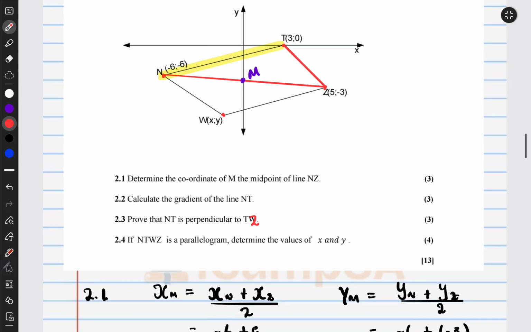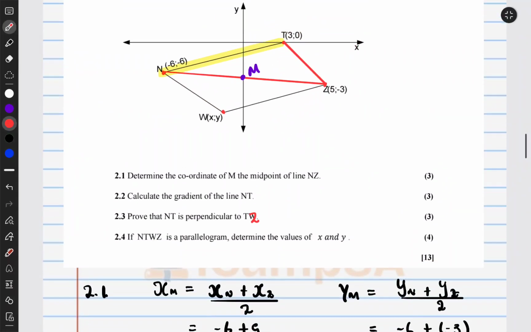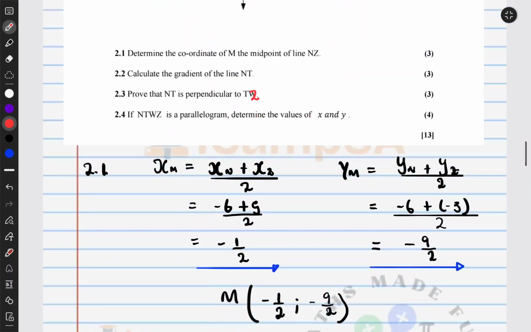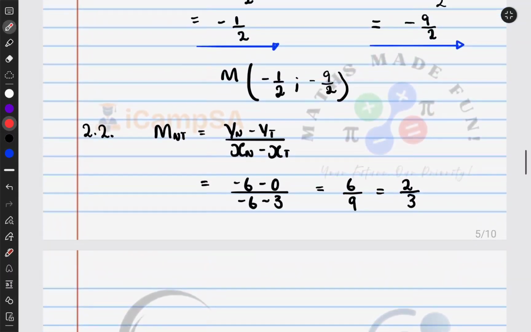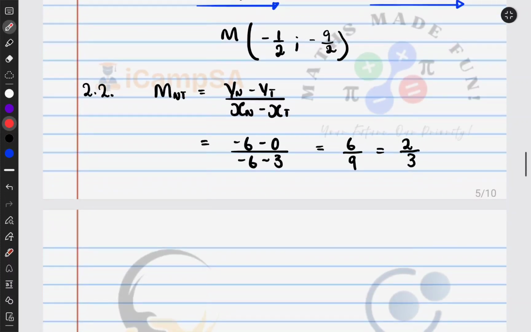In order to do this, I've already mentioned that we have to calculate the gradient of TZ, and if the product of the gradient of TZ and the gradient of NT is equal to -1, then these two lines are perpendicular. So let's go ahead and do that. We've already calculated the gradient of NT, which we found to be 2 over 3.